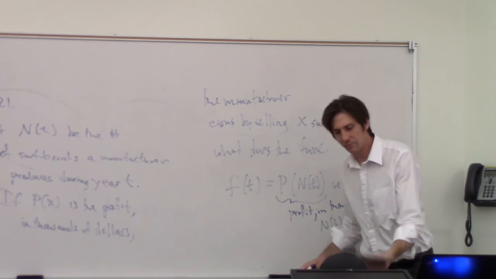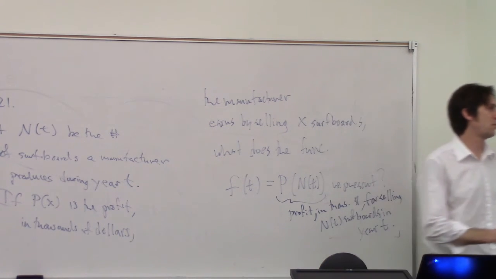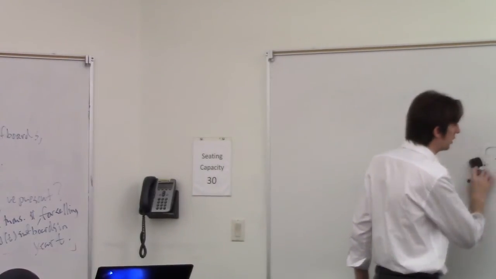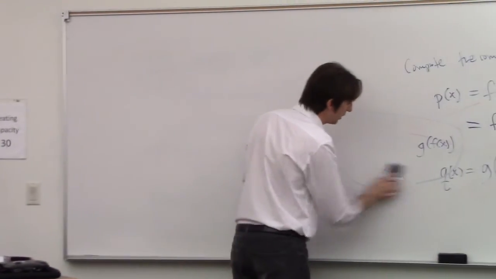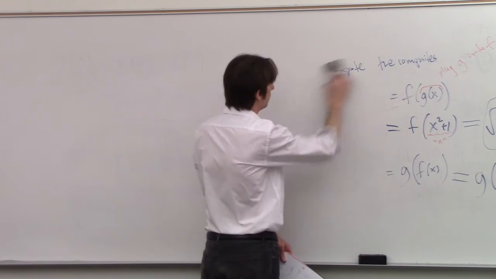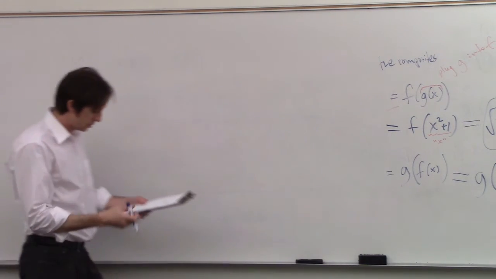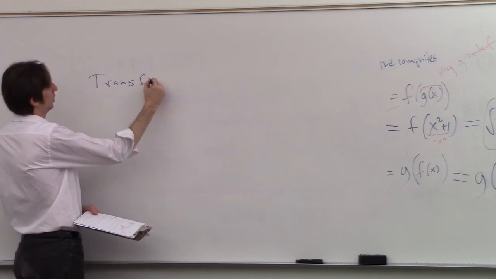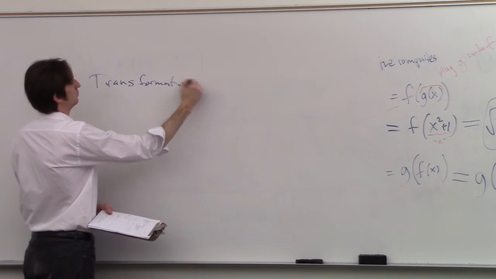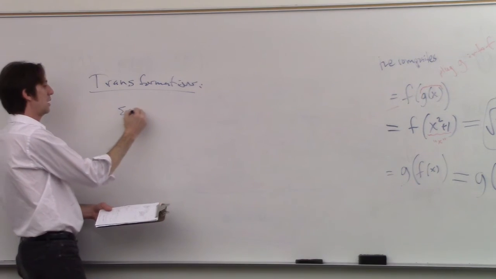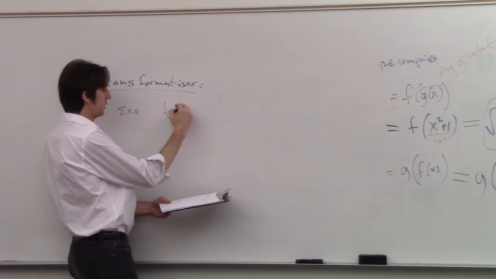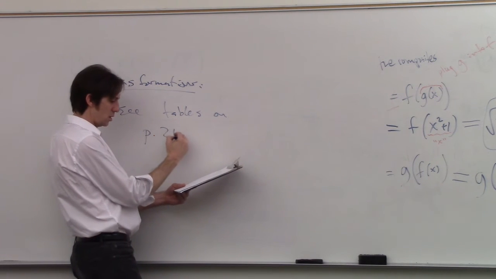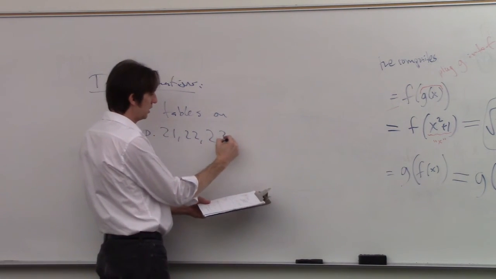So for that, I will do one example, but I mainly want to refer you to the tables in the book. And as transformations arise throughout the class, I'll point them out. So for transformations, I'd ask you to see the tables on pages 21, 22, and 23.